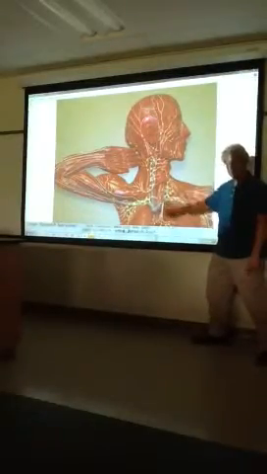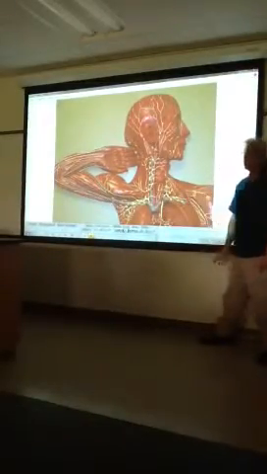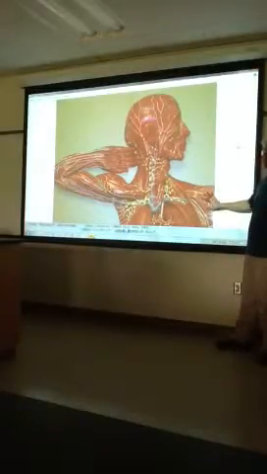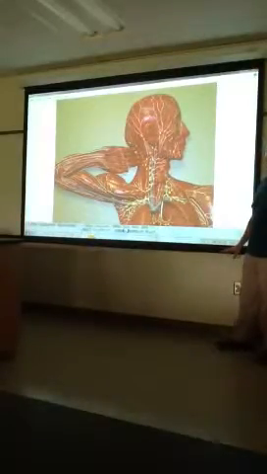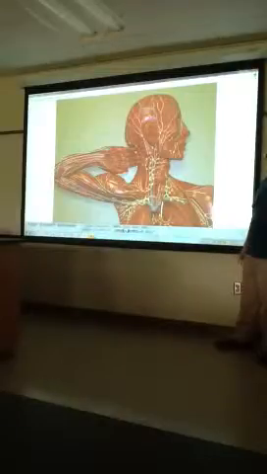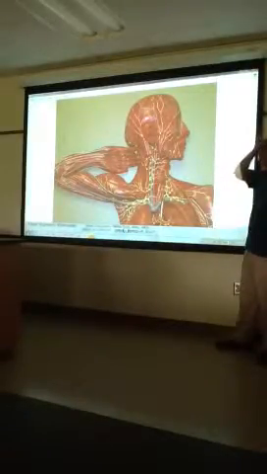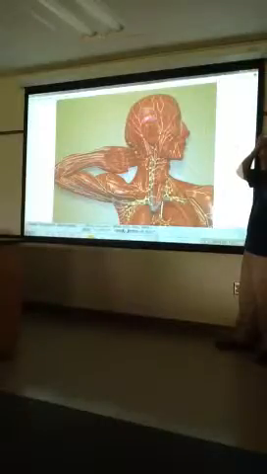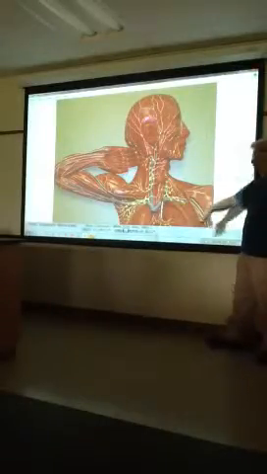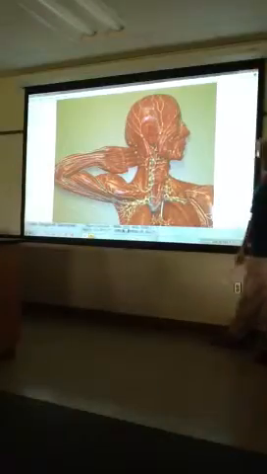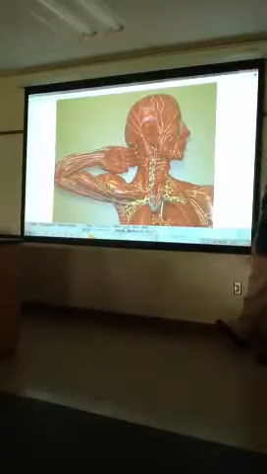Okay? And remember, the thoracic duct is much bigger because it empties everything from the left side of your body as well as both legs. Okay? As well as your intestines. Everything other than your right arm and right side of your head is brought into this thoracic duct.